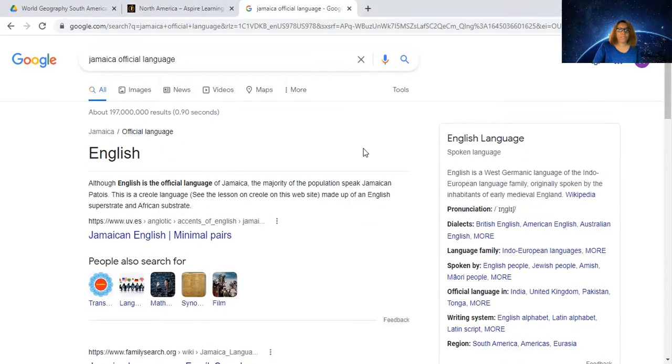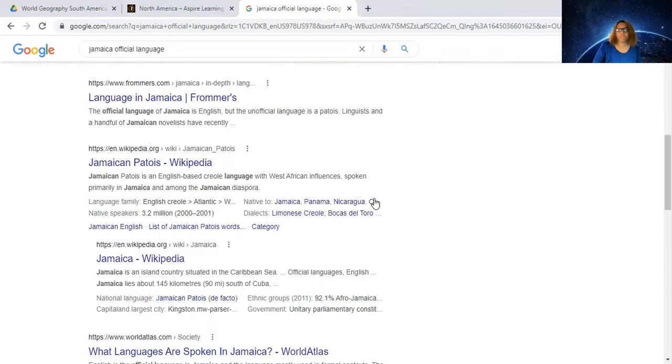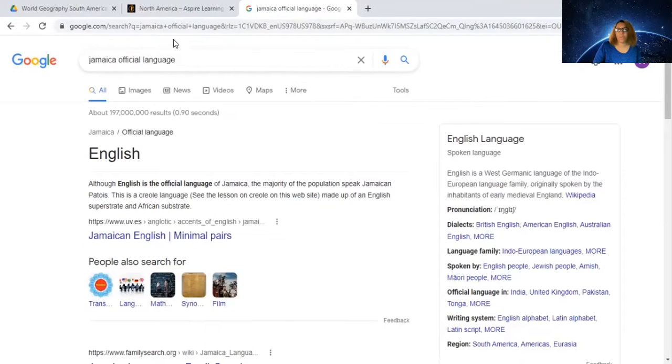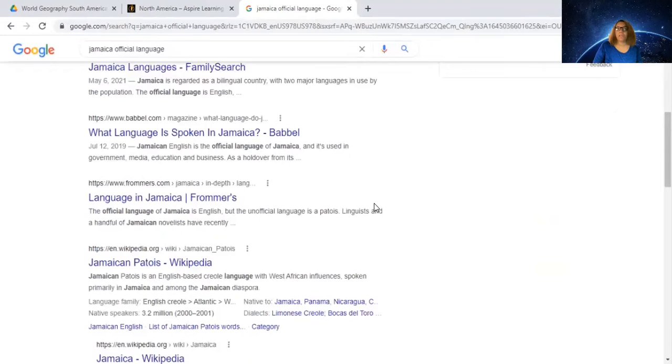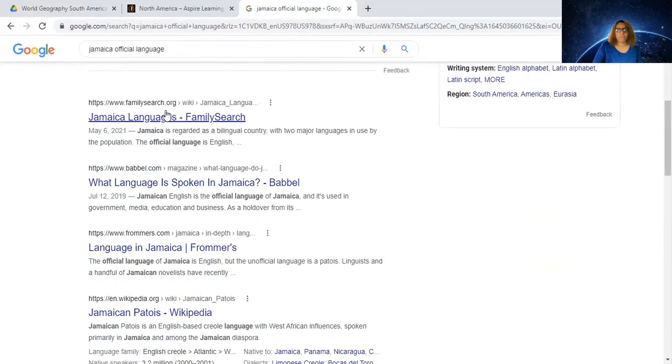You can also scroll down and verify with several different resources, because I do like to do that. You don't just want to follow what's up here. Nothing wrong with that, but you may want to go through about 2 or 3 other sites, especially the ones that have a .org at the end instead of .com, because usually .org is an organization.